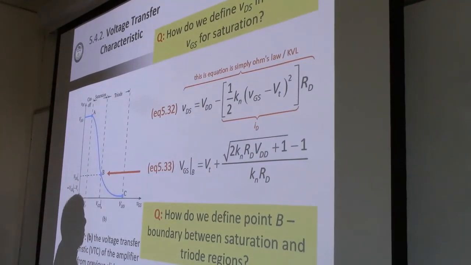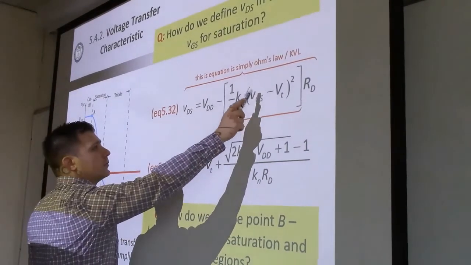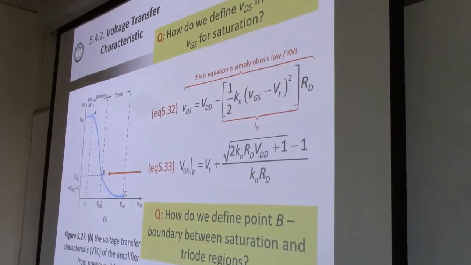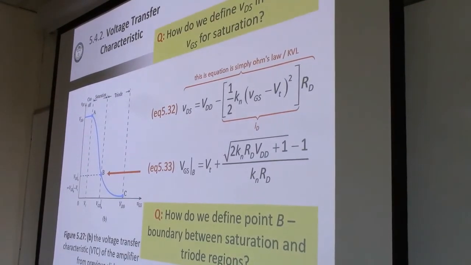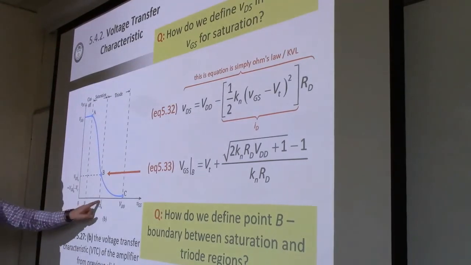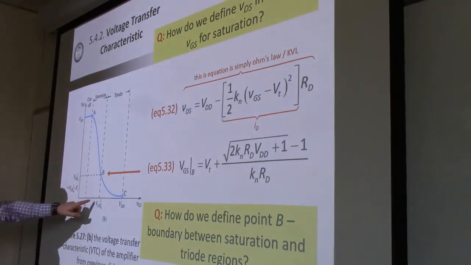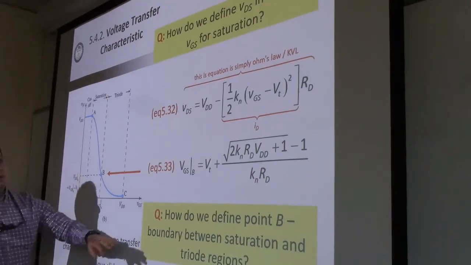And now we go back and we solve for our value of VGS. And so what we see is that the value of VGS right here at point B, and this is the point at which VDS is equal to the overdrive voltage, we can use this equation.